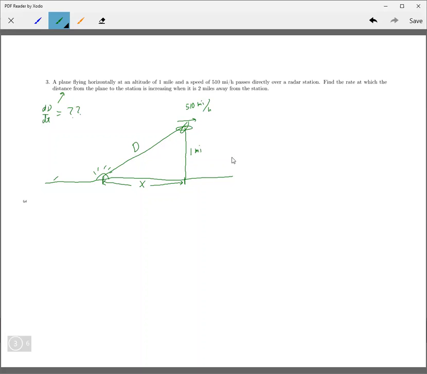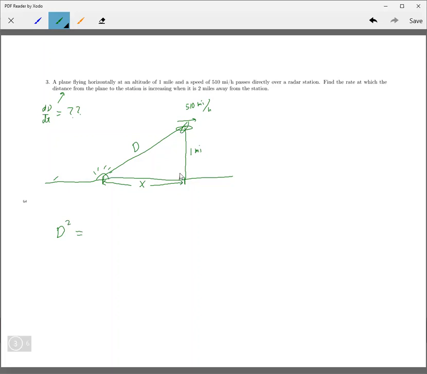To do that, you don't necessarily have to find an equation with D equals something. I mean, we could in this case, but it's easier actually to do this.